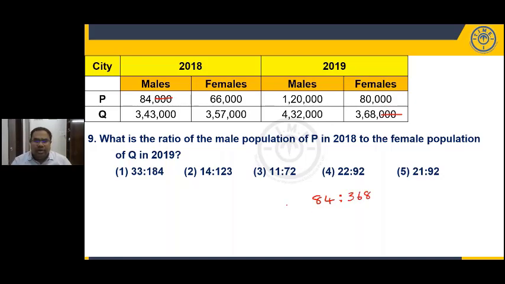So 84 is to 368. 4 21s are 84, 4 92s are 368. 21 is to 92. Option 5. Correct, Bharti. Anubhav, previous question.